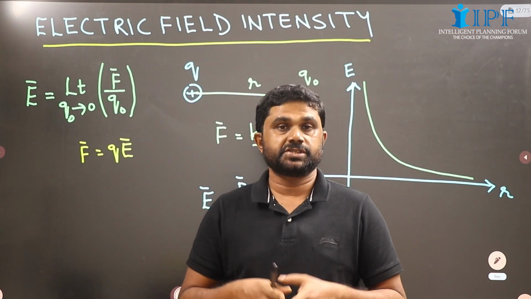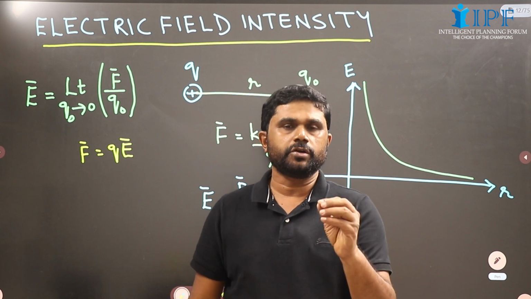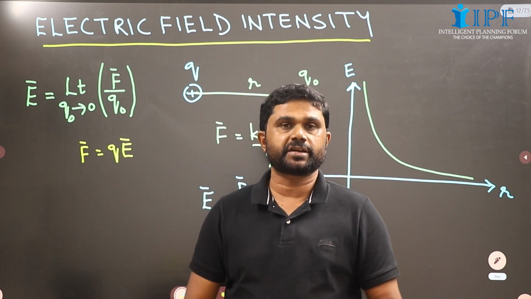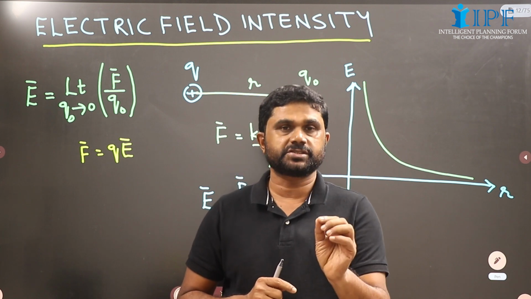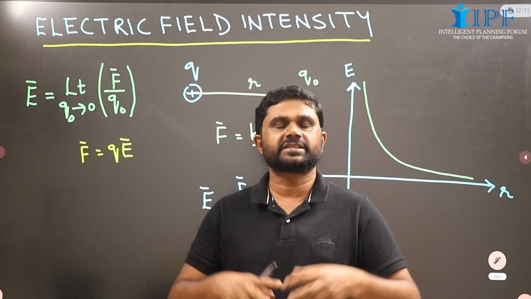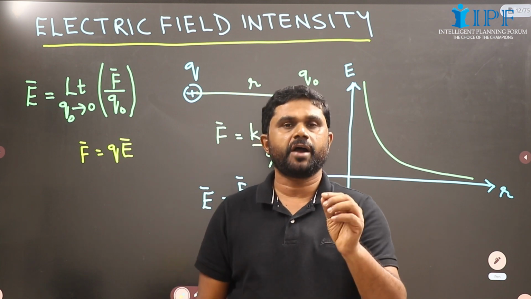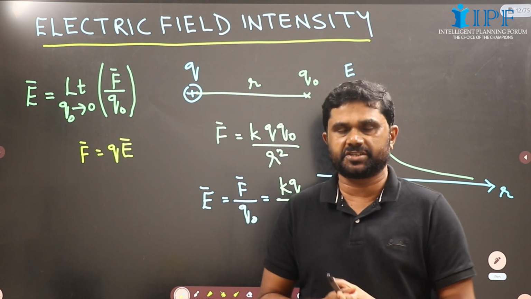Next thing is intensity of electric field. If you want to find the intensity of electric field at any point, you have to place a positive test charge at that point. Suppose you have kept a test charge say Q0, it must be positive by definition.